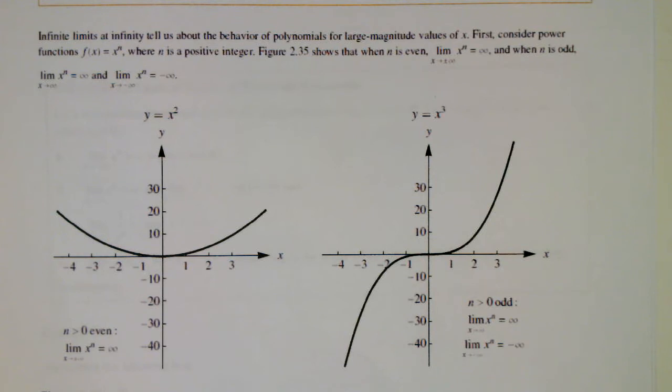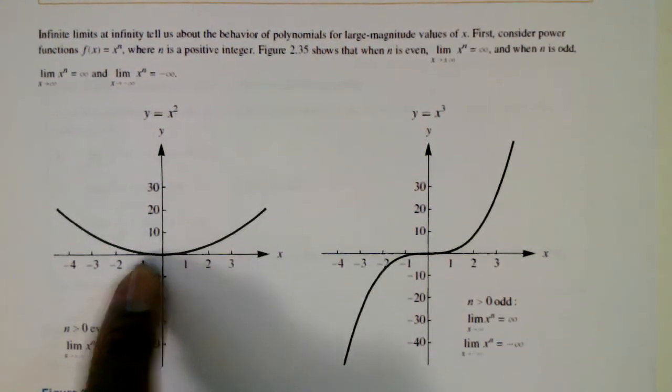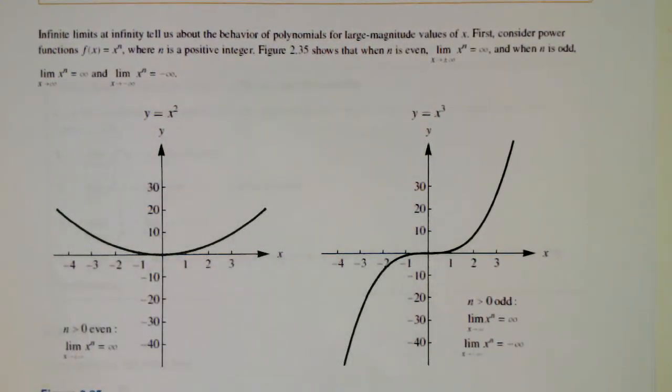First, consider the power functions f of x equals x to the n, where n is a positive integer. The one on the left, as you can see, shows that when n is even, the limit as x approaches infinity of x to the power of n is going to go to positive infinity.